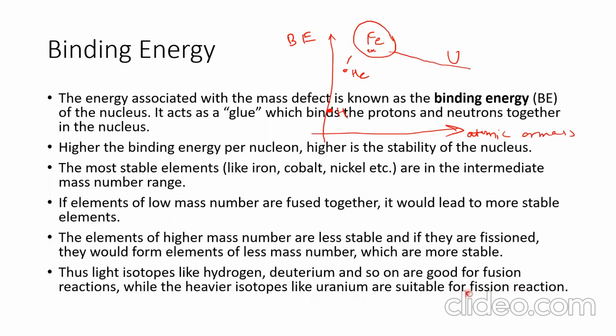Because every element wants a stable atomic structure. If hydrogen wants a stable atomic structure, it must be fused, whereas uranium must undergo fission to come under the stable region.